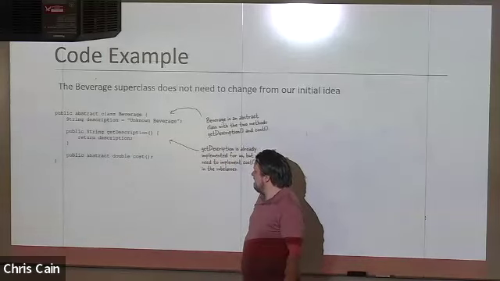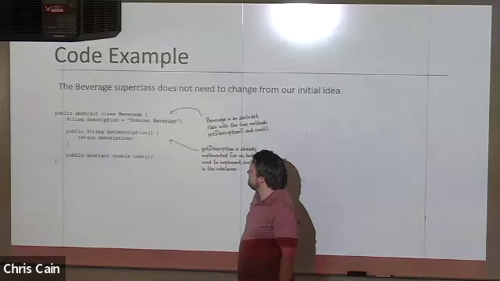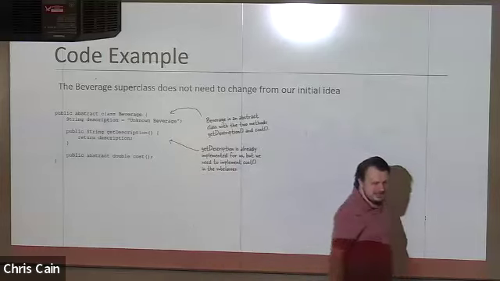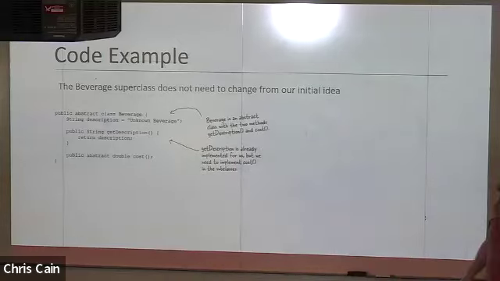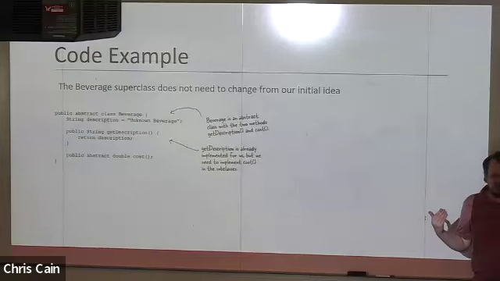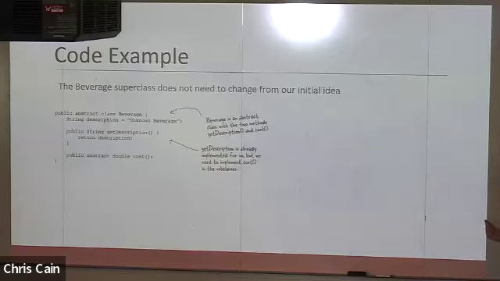We can't make a beverage from this, but cost is not implemented. And that's because if we just have a generic beverage, we don't know what a beverage is going to cost. When someone walks up to the kiosk, before they've placed their order, we don't know what base object they're going to order. We don't know what condiments or toppings they're going to order. We don't know what the cost of their beverage is going to be.